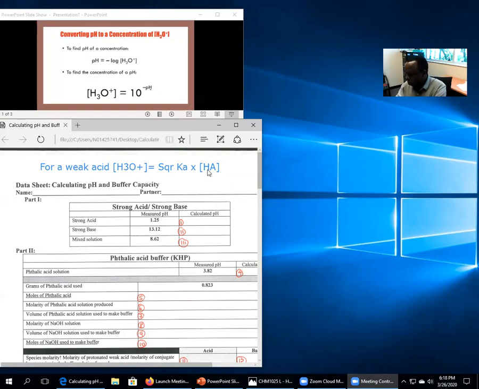Just so that you know where we're going to get the Ka value, look at page 149. There are acids we are going to work with. We have their molar masses, their chemical formulas, and the pKa value.